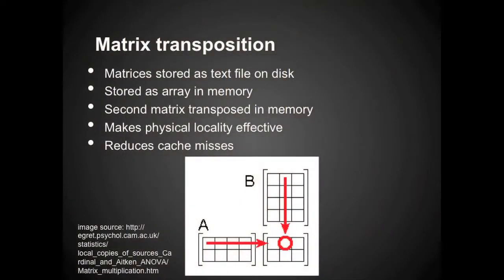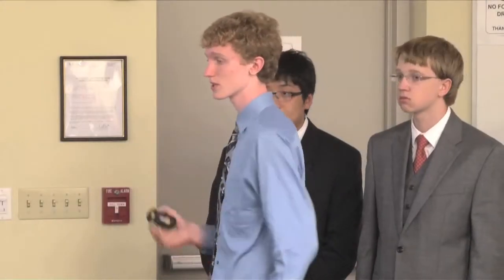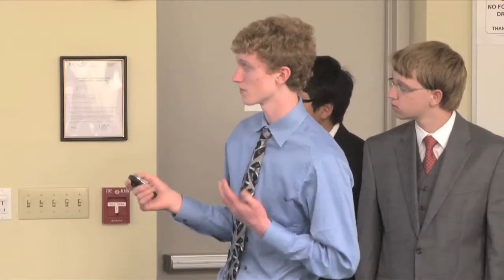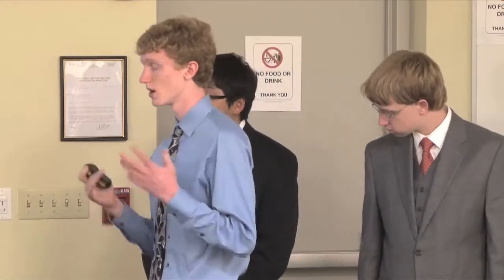Alright, so there's another optimization that we implemented that isn't strictly parallelization, but it's very important because it emphasizes the effect of cache misses on runtime performance. You have to understand that the matrix was originally stored by row. And so each row would be contiguous in the array that it's stored in. Now this works very well for the first matrix because when multiplying you traverse across the row.